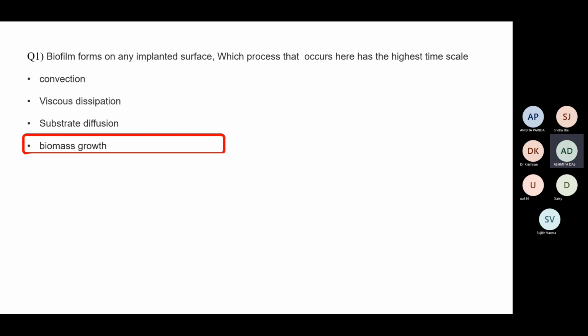Okay. So the correct answer is biomass growth.